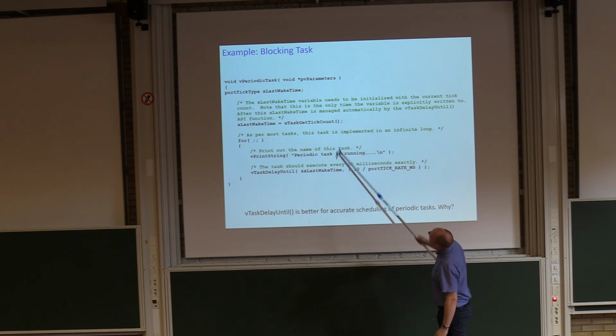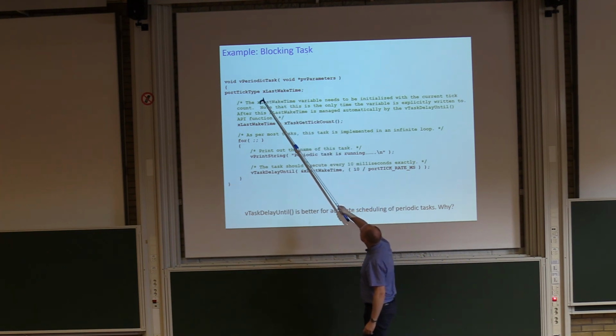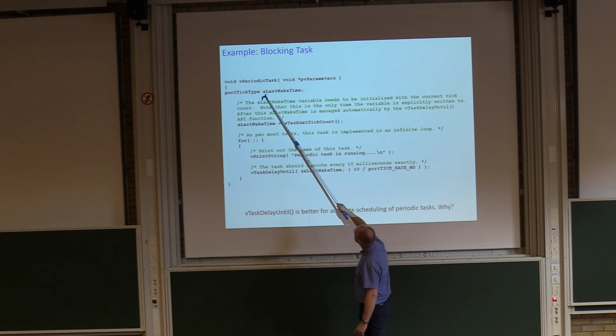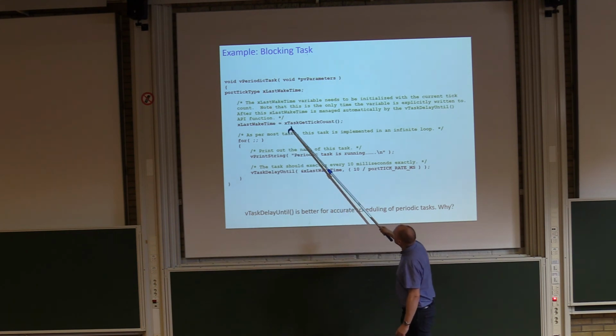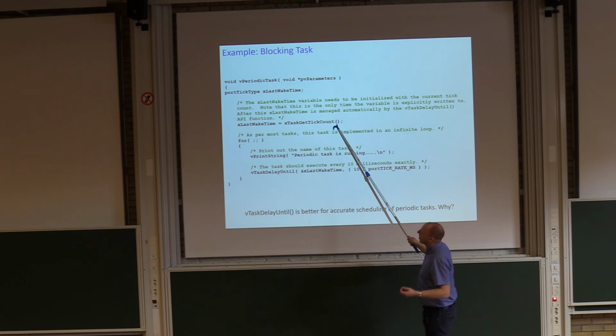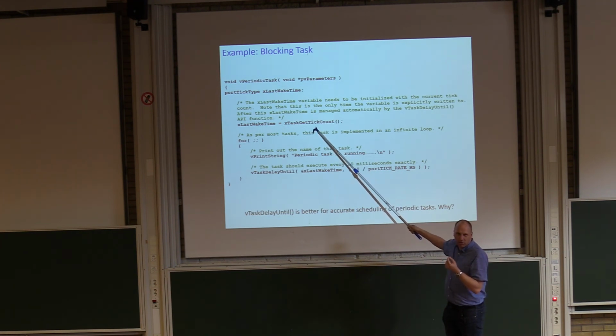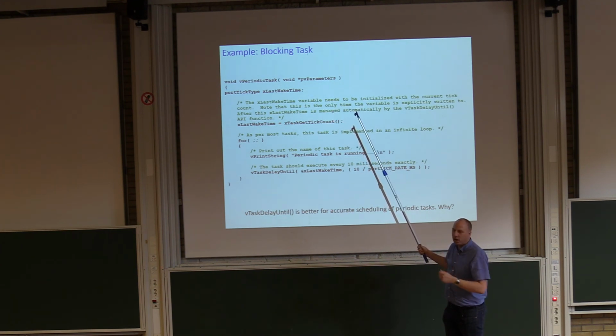Because if we look here, this is a variable for this task, and we initialize it by getting the current number of ticks from the real-time operating system. So this is the number of ticks that has elapsed since the system was started.